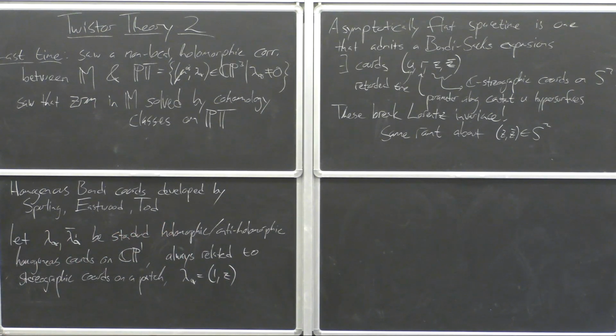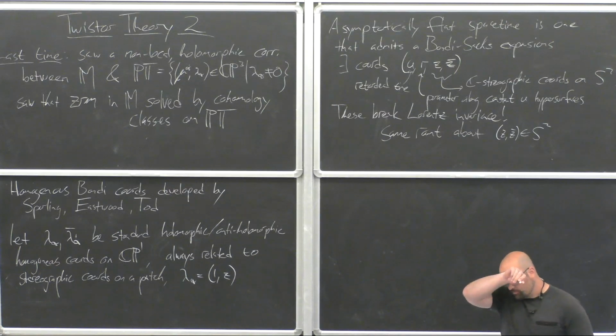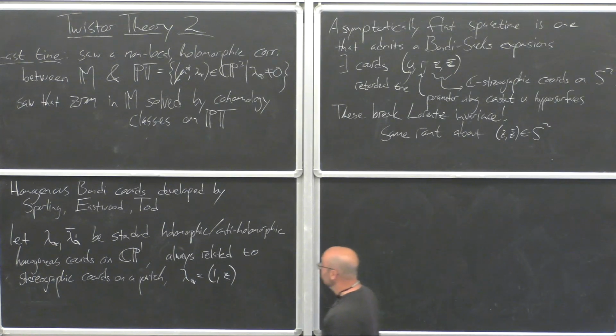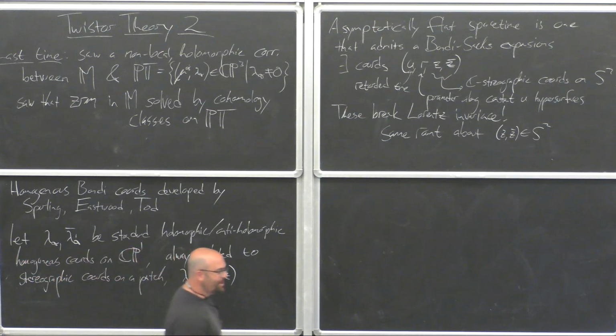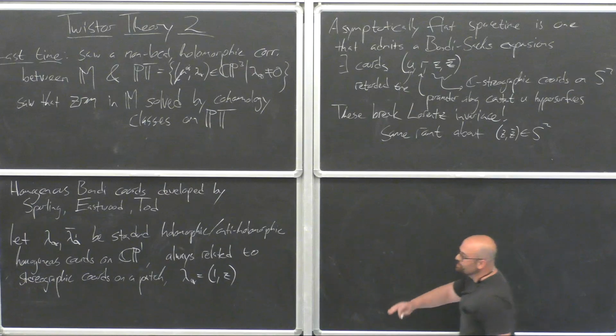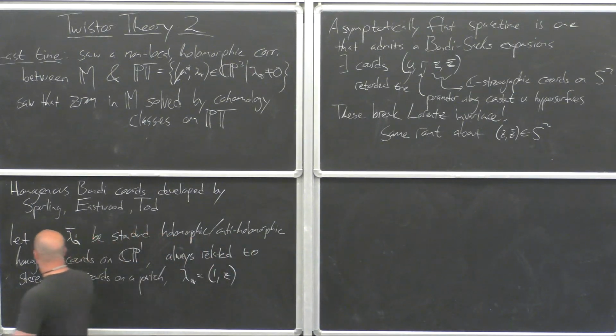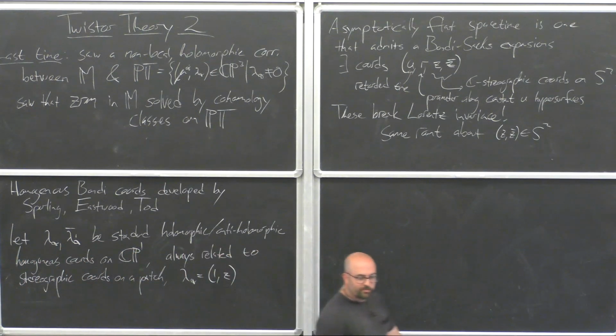That would be on the patch where lambda 0 is not equal to 0. Standard is a relative term. It's standard for me, it doesn't mean it's standard for everybody. But what I mean by this is just that these are homogeneous coordinates on CP1. They're two complex numbers, we consider them up to scale, in the same way we've been doing in the previous lectures.